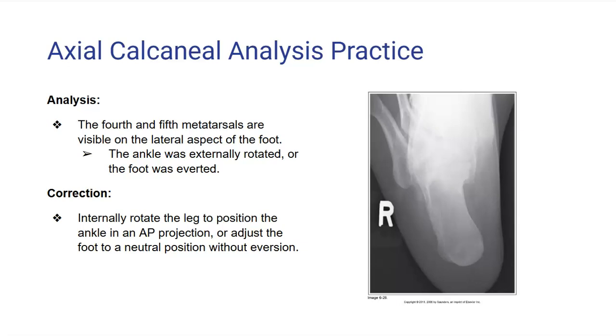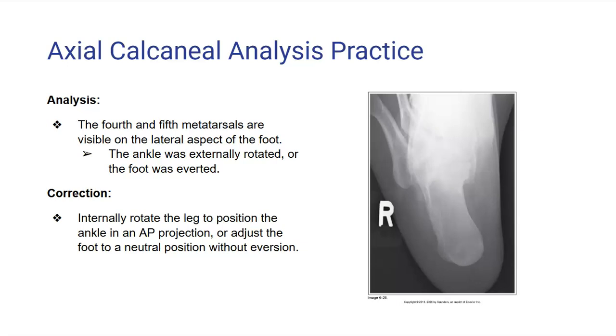So in this axial calcaneus projection, we see that the fourth and fifth metatarsals are visible along the lateral aspect of the foot. This indicates that the ankle was externally rotated or the foot was everted during positioning.